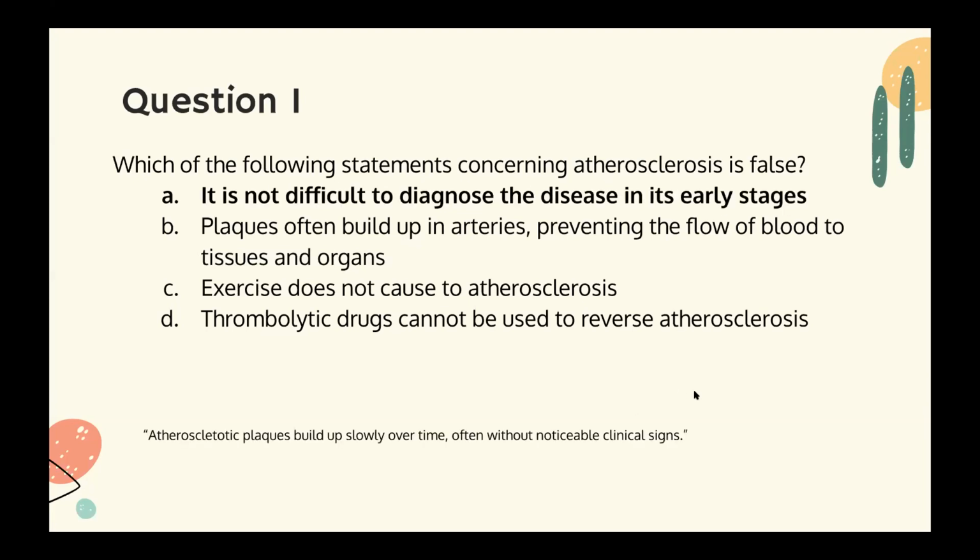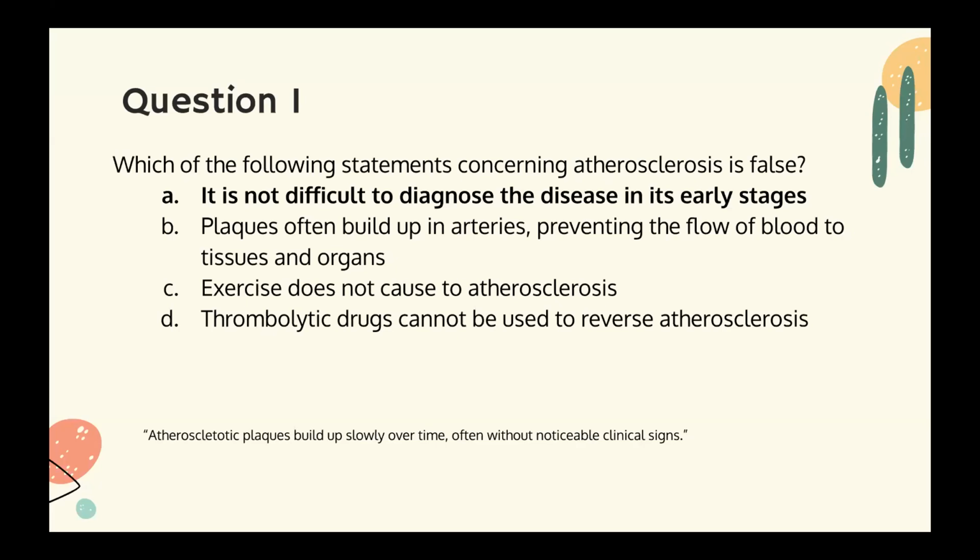Exactly. The passage says that atherosclerotic plaques build up slowly over time, often without noticeable clinical signs. B is actually true. The passage states that plaques are developed first in the arteries, which prevent the flow of blood to the rest of the body. The passage also states that an initial warning sign of atherosclerosis is chest pain, which is noticed during exercise.